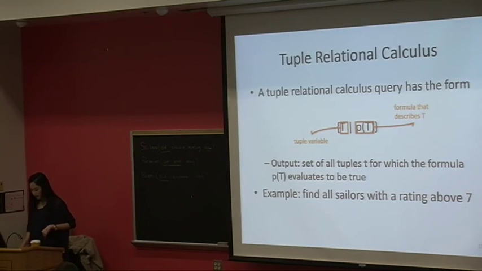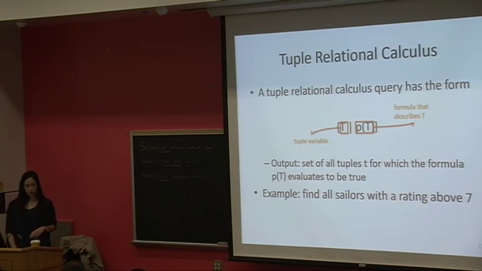Okay, so let's think about what we will write down in terms of tuple relational calculus. For this example, we want to find all sailors with a rating above 7. What would you do? This is a bit tricky because, I think conventionally, they always rename it. So in relational algebra, we just use Sailors, right? Use the name Sailors. And let's say we want to use S this time.